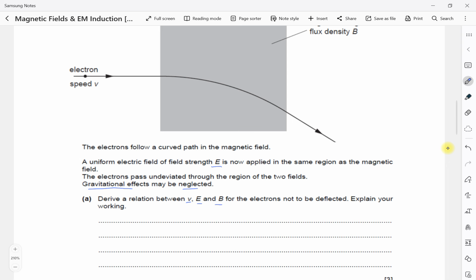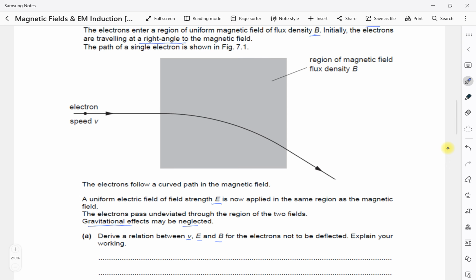So, if the electrons pass through undeviated, it's because the magnetic force is equal to the electric force, and they are in opposite directions.